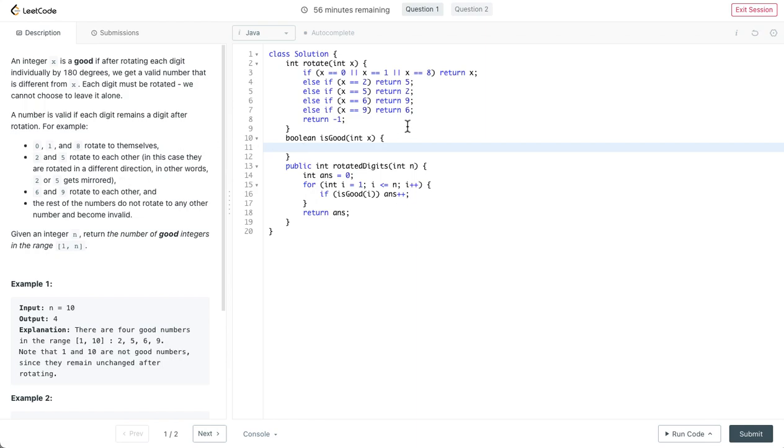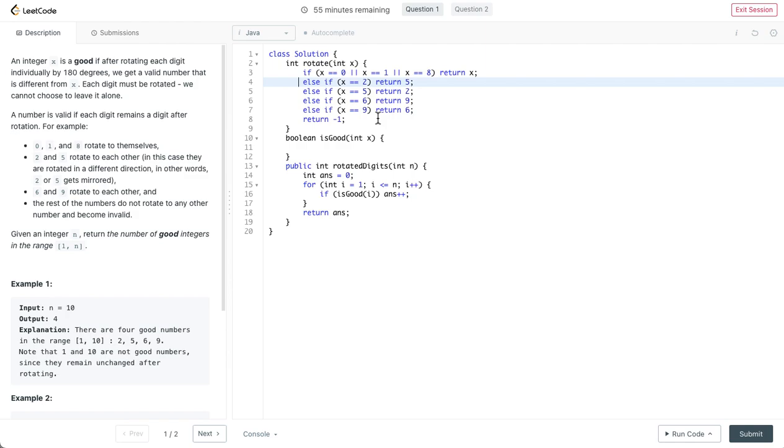So actually, well, I think there's a faster way to do it, but I don't know. Because you must contain at least one of 2, 5, 6, 9. That's the first condition. You need to contain either one of these, and for the remaining, you can just choose anything, but you cannot choose 3.